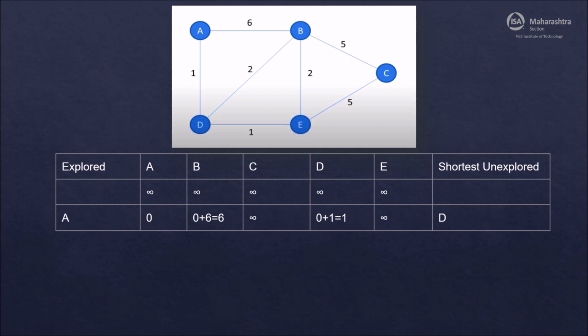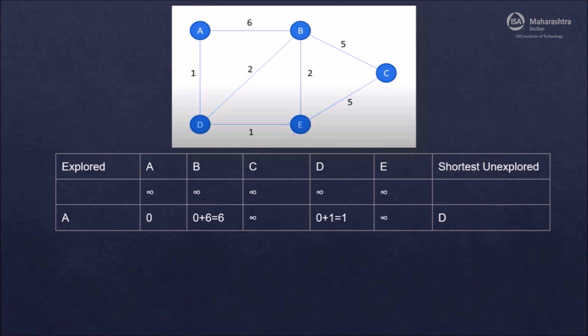So from these values we have to select one minimum value of a node which is not explored. So from these values we get 0, 6, infinity, 1 and infinity. So 0 is the minimum value which is of node A, but node A is explored. So the next value comes is 1 which is of node D. So we will next explore node D.